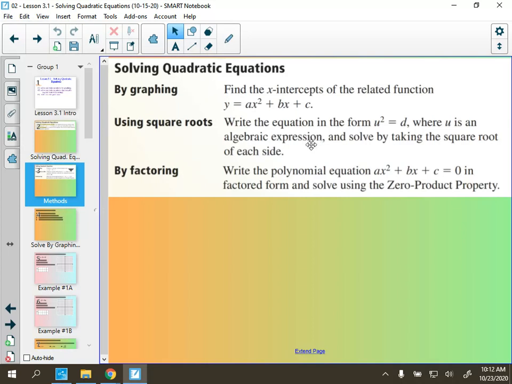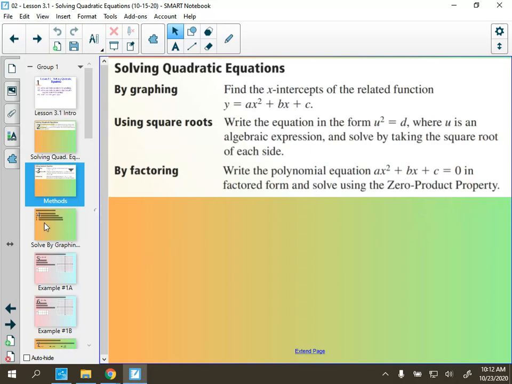Move everything away from your squared term, and then you finish by taking a square root of each side. Last one is factoring: going from standard form, putting something in intercept form, and then solving using the zero product property, which we'll talk about. So let's go one at a time.